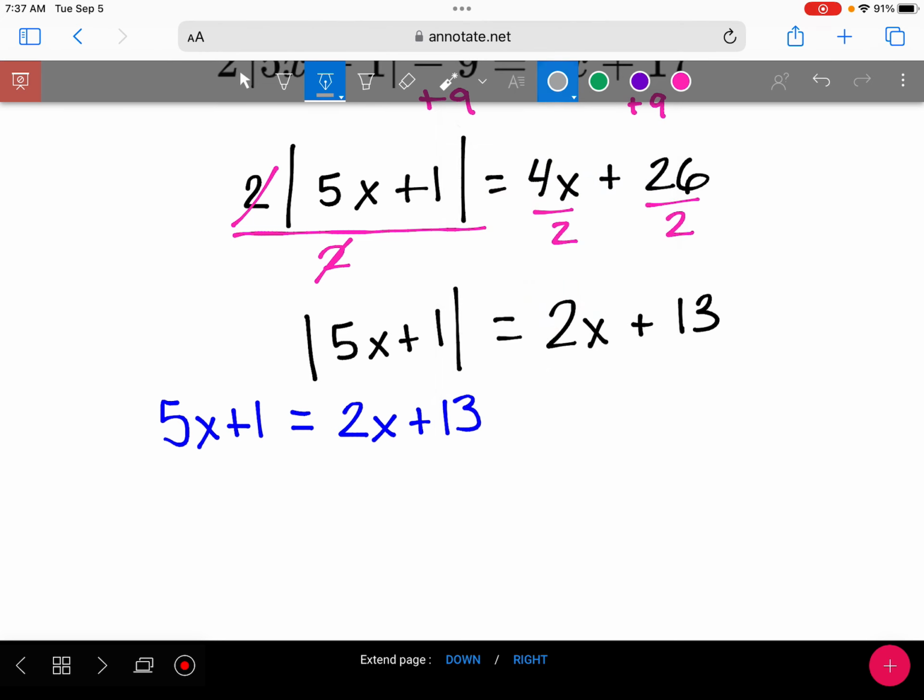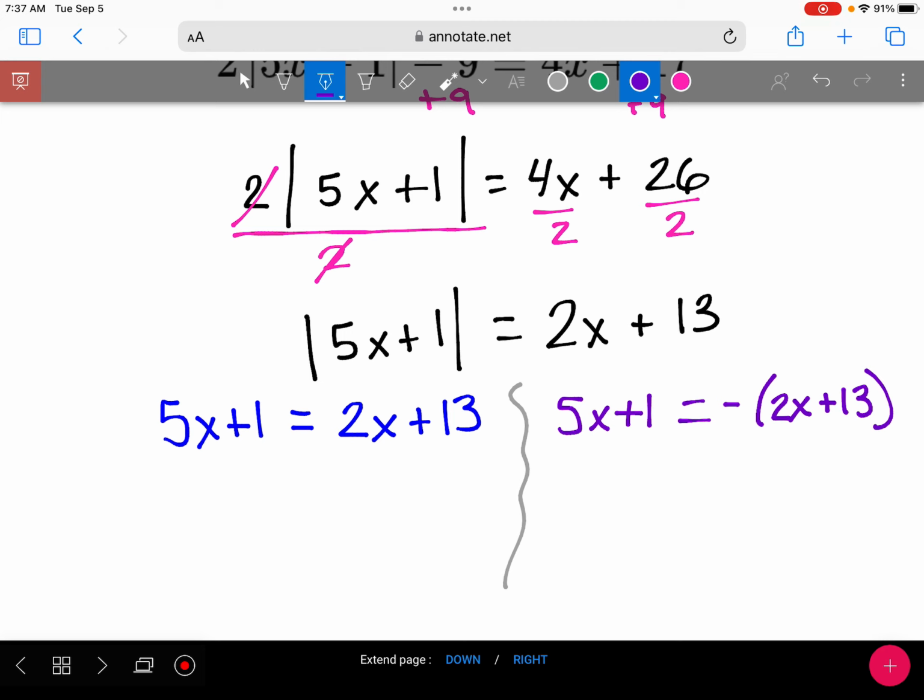Option 2 is that our 5x plus 1 equals the opposite of that. Just like we had 3 and negative 3, this would be 2x plus 13 and negative (2x plus 13). Note the parentheses I put around it.